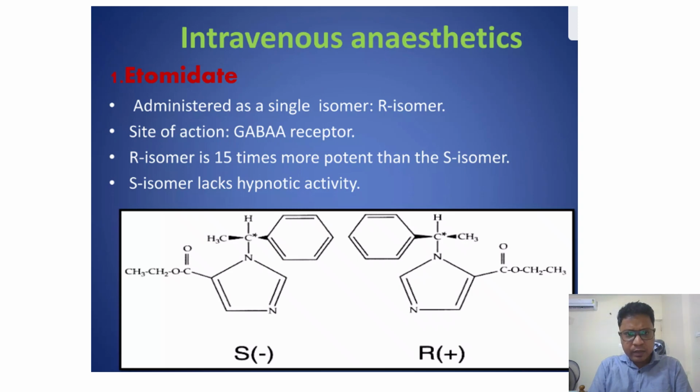The R isomer is 15 times more potent than the S enantiomer, and the S enantiomer lacks hypnotic activity. This is the structure of the drug molecule. You can see this carbon is chiral, and particularly the R enantiomer is active. So why should we take the S enantiomer into our body, which will show some adverse effect?